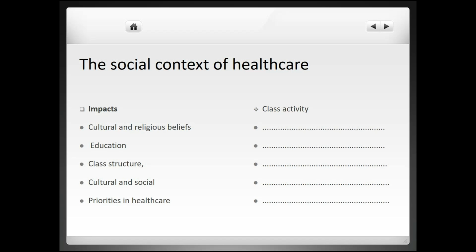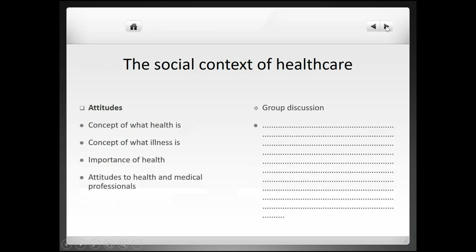So priorities among different countries differ, right? So healthcare priorities differ. So it's something that you have to have at the back of your mind. So you have to definitely do comparative studies to know what happens in the UK and what happens elsewhere in the world. Let's look at one.